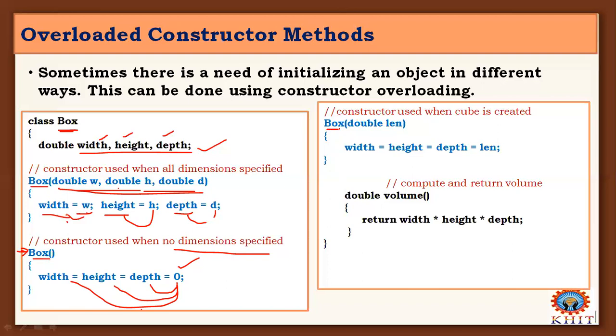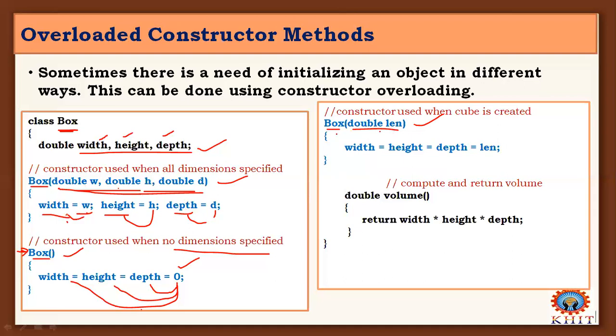The same name is allowed here, and the parameter list of this constructor should be different from the other constructors' parameter lists. Then only method or constructor overloading is allowed. Here three parameter lists are already given, and here there are no parameters. This constructor is defined with one parameter of type double.